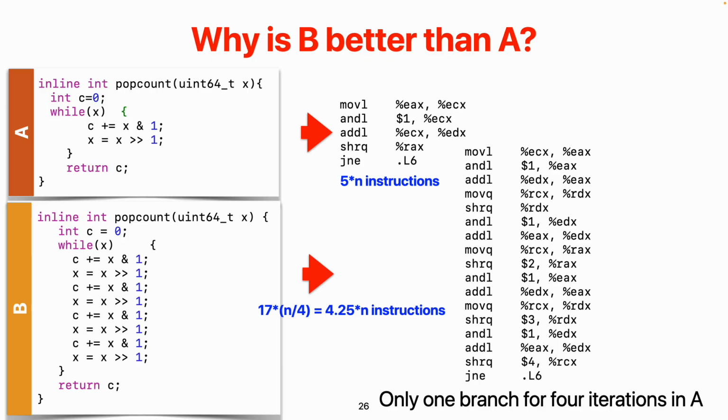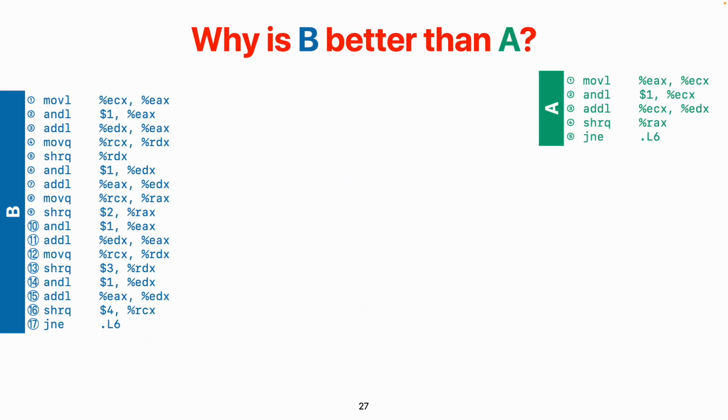Okay. Now let's take a look at why the CPI of B is better than A. And the answer is kind of unrelated to branch. So why is that? Let's take a look. This is a data flow graph, a data dependency graph that I drew for A. Here I assume we have unlimited fetch issue bandwidth, 100% correct branch prediction and 100% correct cache.